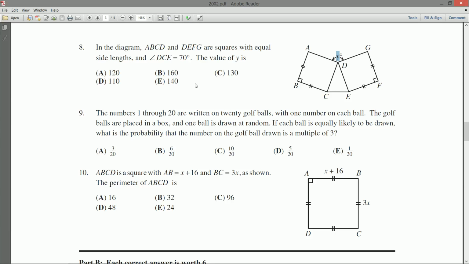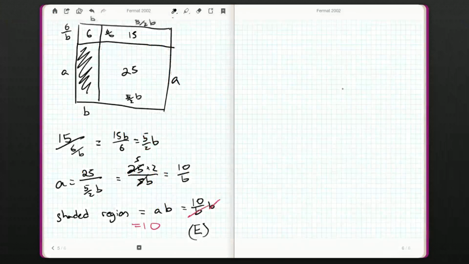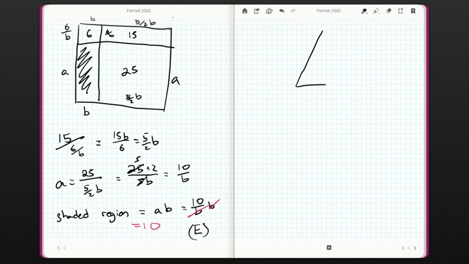Alright. So how are we going to work out what y is? I'm going to redraw the picture, but since I'm working just with angles here, I'm very concerned with angles. I'm going to work out as many angles in this picture as I can, and hopefully that'll help me figure out what y should be. So let's draw our picture. Didn't leave myself enough space.